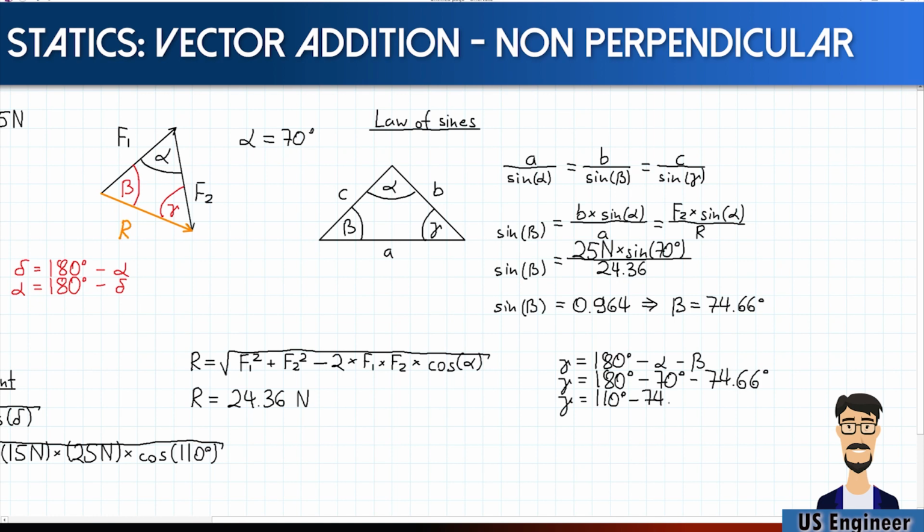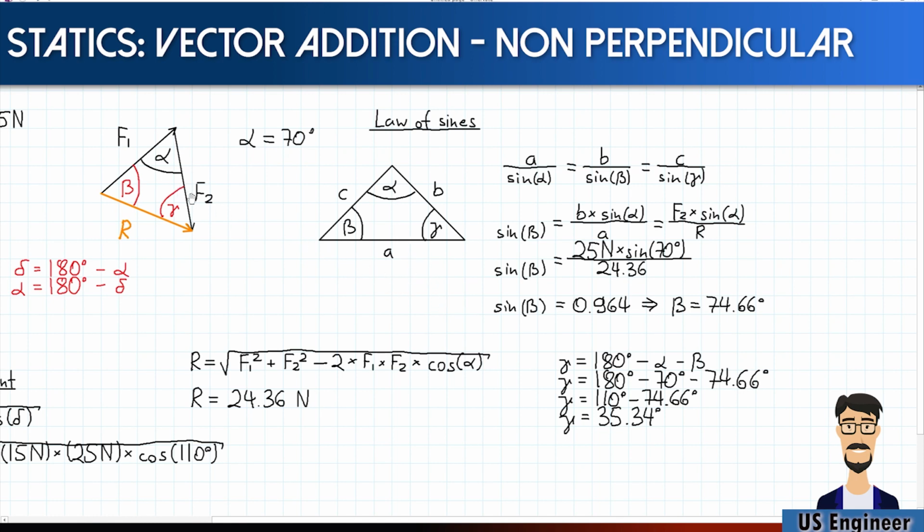And that is equal to 35.34 degrees. Okay, so that's the way to calculate the angles, alpha, beta, or gamma, depending on what angles are given and what angles you're looking for.